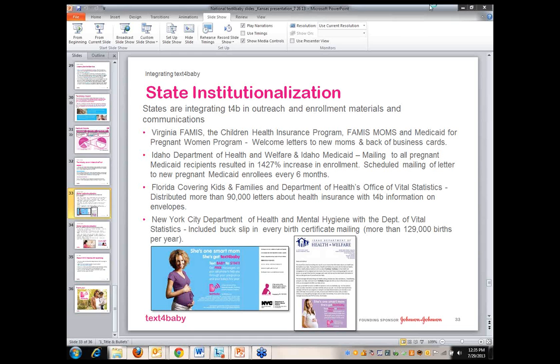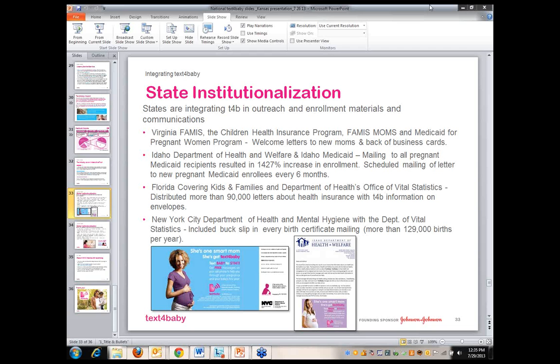For example, Virginia FAMIS, the Children's Health Insurance Program, included Text4baby in welcome letters to new moms and on the back of business cards. Idaho Department of Health and Welfare with the Idaho Medicaid Department sent letters to all pregnant Medicaid recipients, resulting in over a 1,400% increase in enrollment. This was fantastic, blew us away.